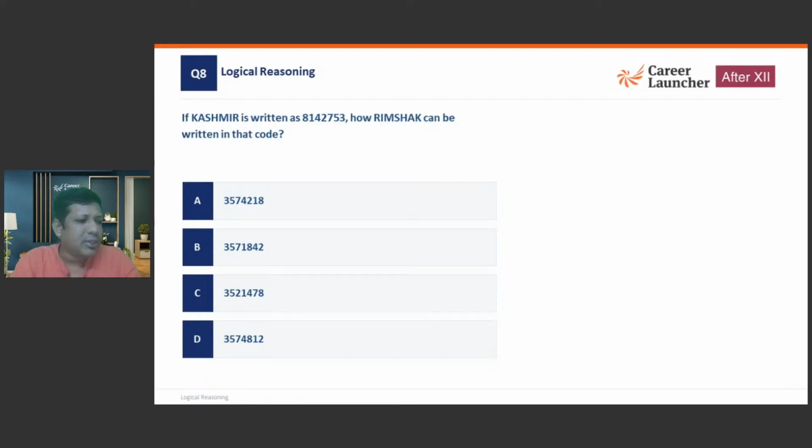What is Rimshak? Again, the problem is that only one word is given and from that one word we have to work it out. That word, Kashmir, is a 7-letter word. The coding is also 7-letter. It means it can be nothing other than corresponding.